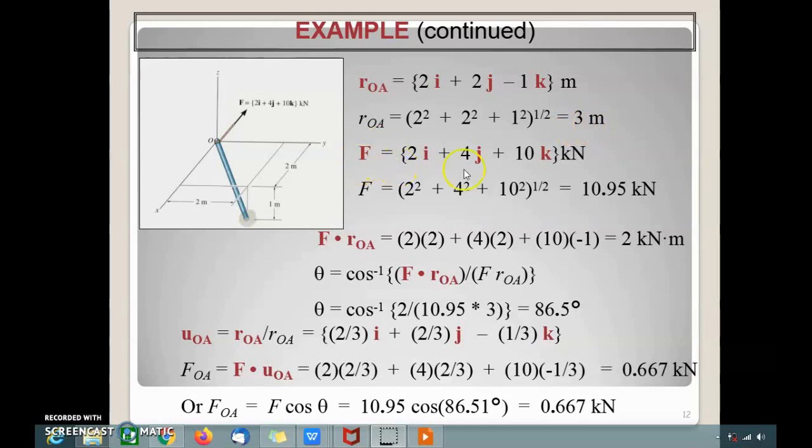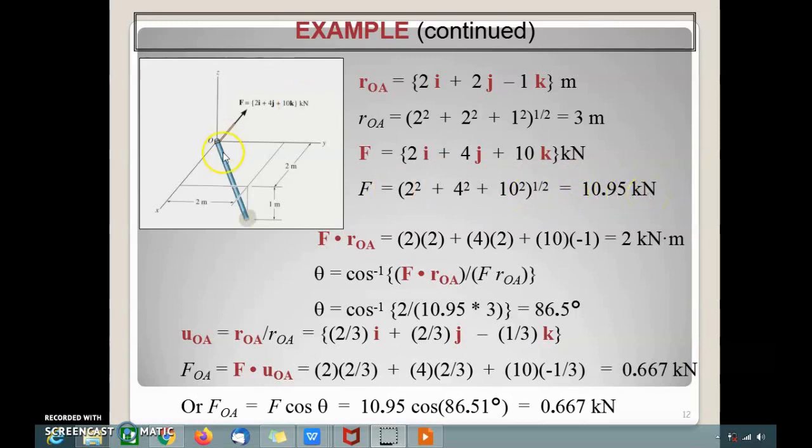The vector for F is given as 2i plus 4j plus 10k kilonewton. To find the magnitude of the force, square each of the components and take the square root. You will get the magnitude of force is 10.95 kilonewton.